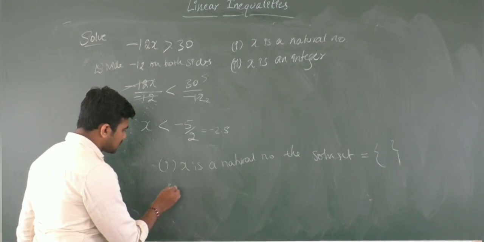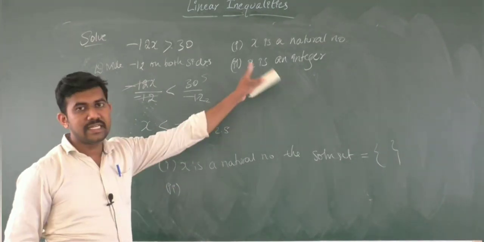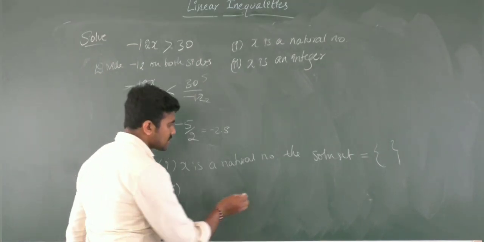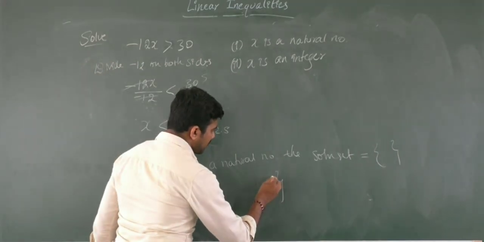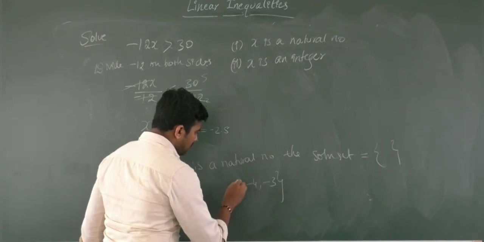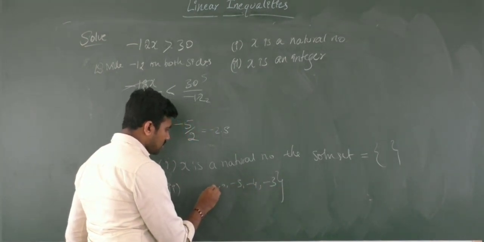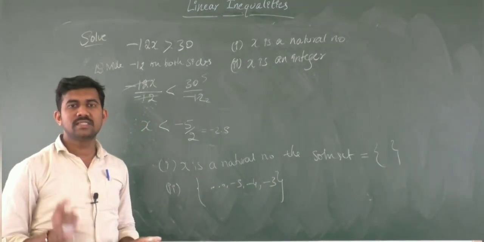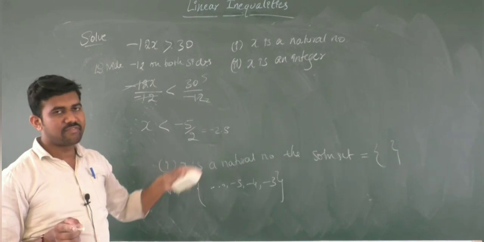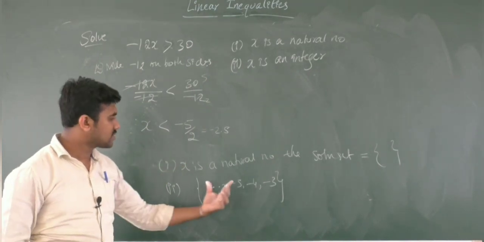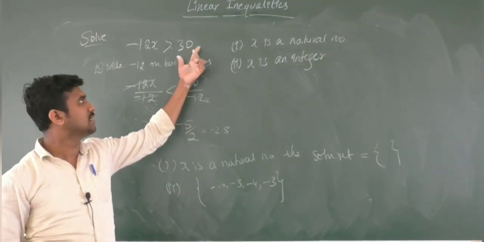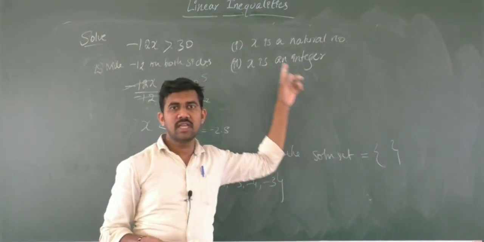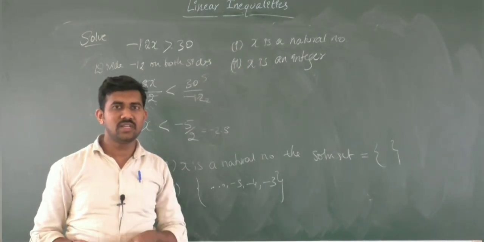But in the second case, when x is an integer, the integers less than minus 2.5 are minus 3, minus 4, minus 5, and so on. It decreases. So this is the solution set of the given inequation when x is an integer, and the empty set is the solution set when x is a natural number.